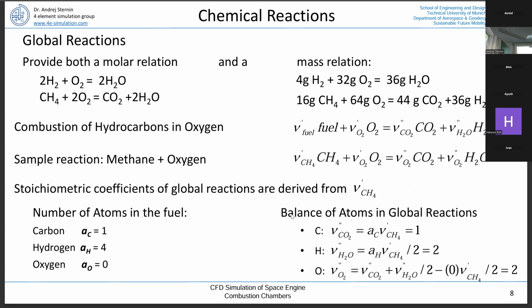So we have 4 grams of hydrogen, 32 grams of oxygen gives 36 grams of water, steam, right? That's the advantage of the global reaction, that we can easily deduce the number of moles as well as the mass, which is important.